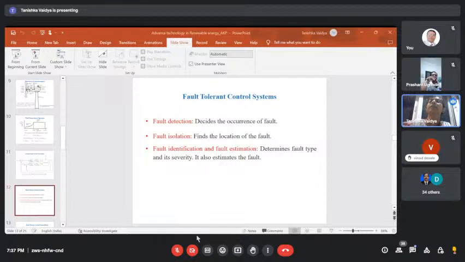Basically, where this fault has occurred, in some sensor, or in the control system, or in the actuator, or in any other part of the system, that will be identified. And then, by analyzing the severity of the fault, the system will be isolated from the fault. So this is how fault tolerant control systems work.